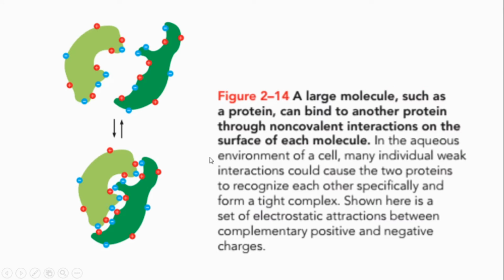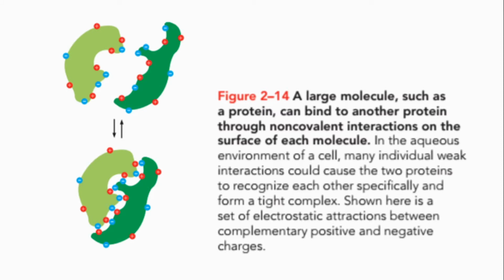And to understand the difficulty of creating connectable parts, I'm just going to quote from Bruce Alberts' Essential Cell Biology, 5th edition, figure 2-14. So we have two molecules here. These are proteins, and you could see the charge distribution on them that's caused by the amino acids themselves. And I'll just read the caption.